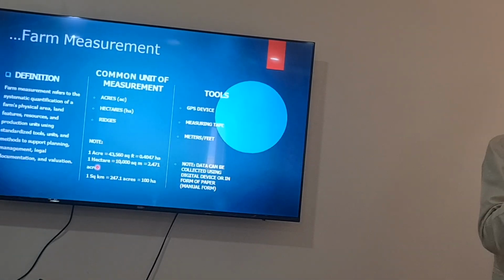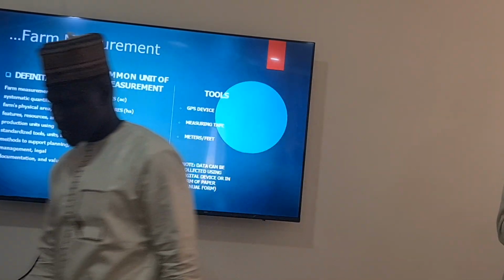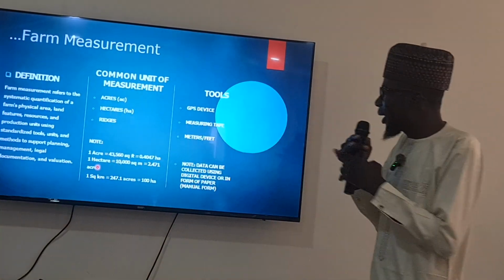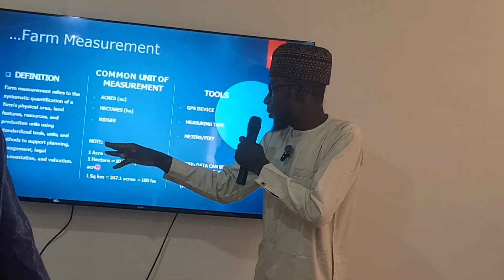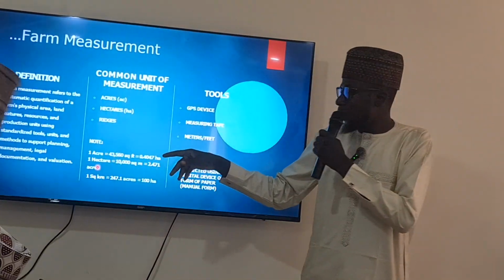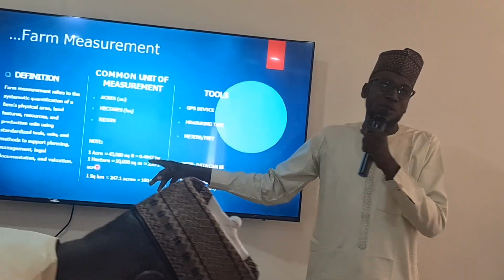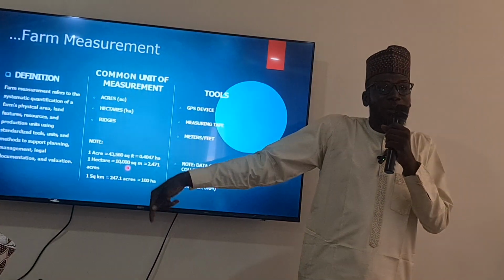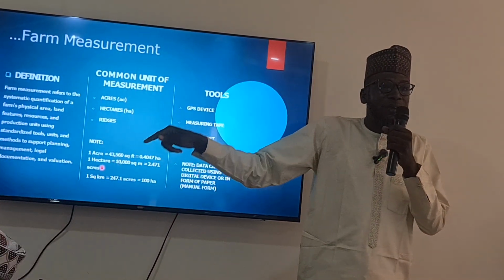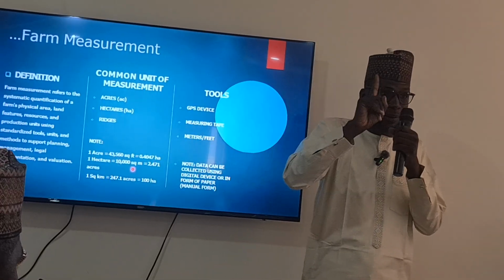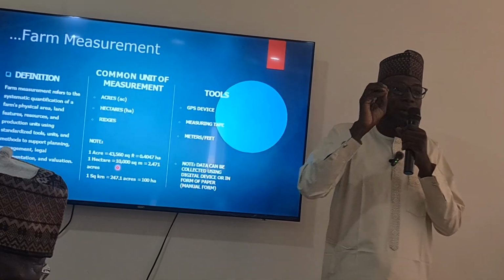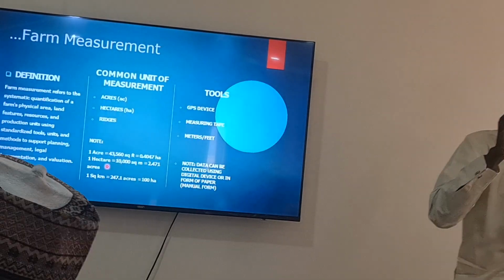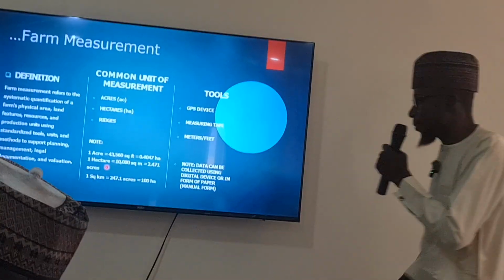What I know is that 4 acres makes 1 hectare. And 1 acre is 0.4. 0.4 is close to 0.5. And you have 0.5 times 4. It gives you what? 1. So that's why we are saying 4 acres makes 1 hectare.